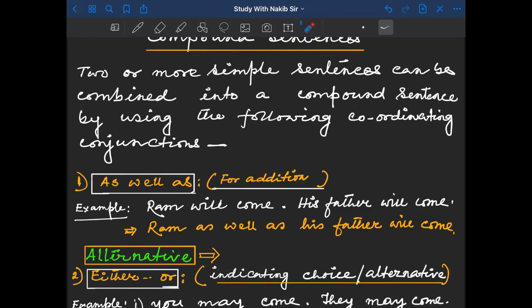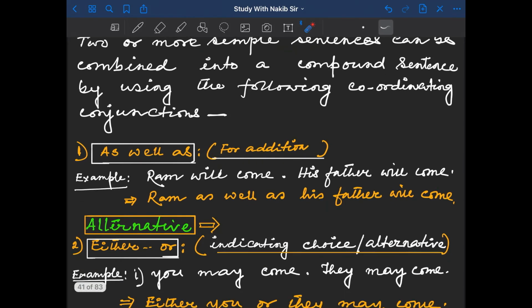This coordinating conjunction is used only for addition. See the examples, then your idea will be clear. Ram will come. His father will come. See, will come, this one, and will come, this one.